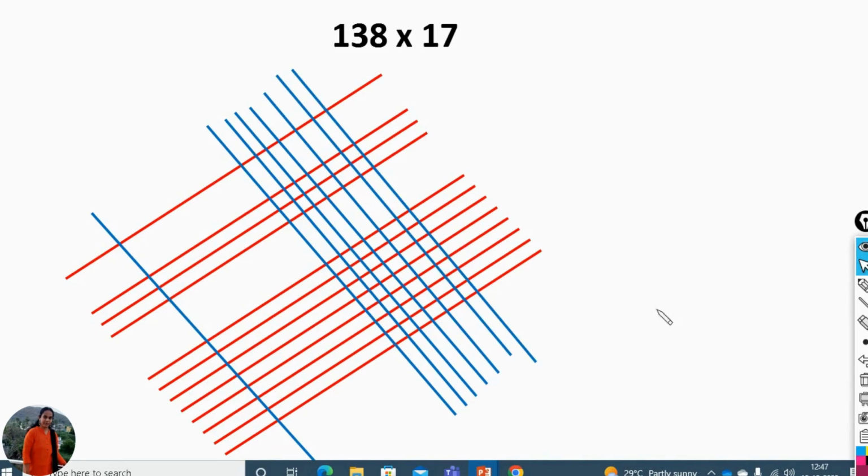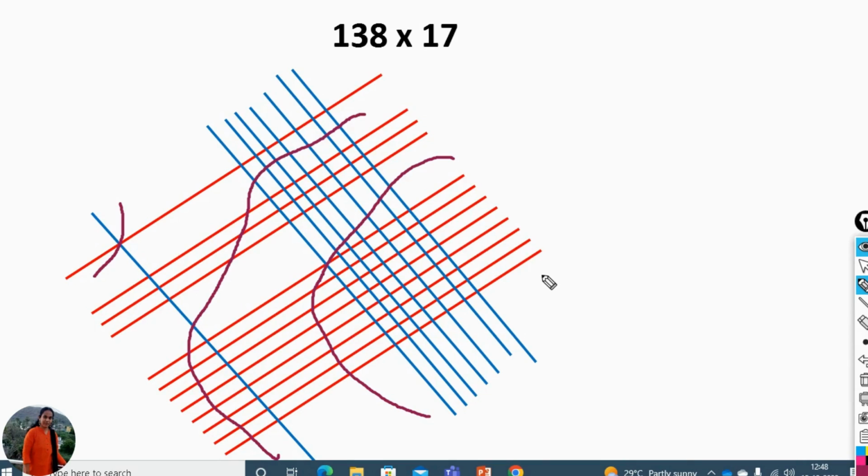So next step is we have to partition into zones. So this is the first zone and this is the second zone and this is the third zone and this is the fourth zone. So how many intersecting points are there? So 7 blue lines and 8 red lines.